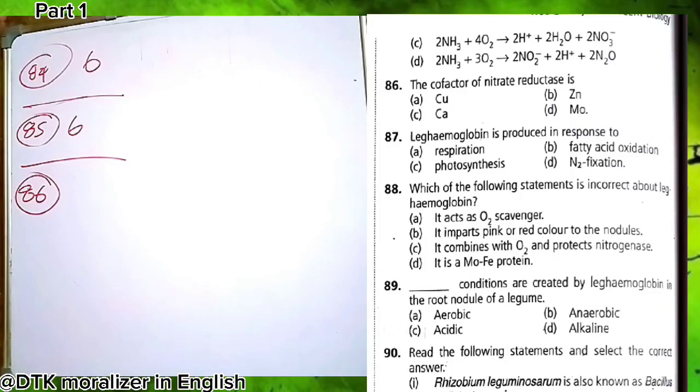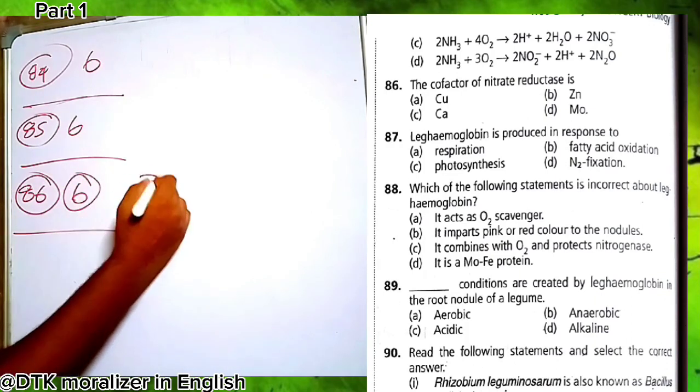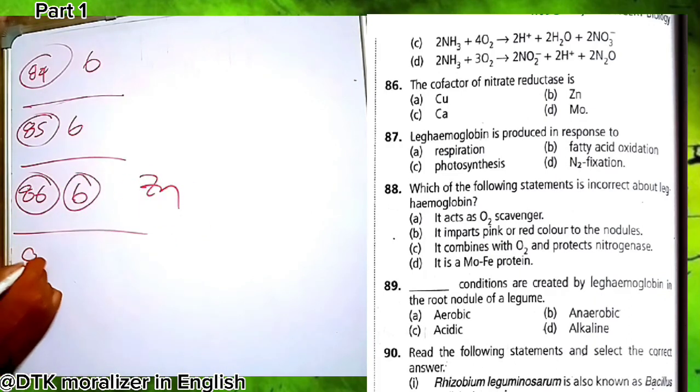Now question number 86. The cofactor of nitrate reductase is calcium, zinc, calcium, molybdenum. Nitrate reductase, zinc. So option B.